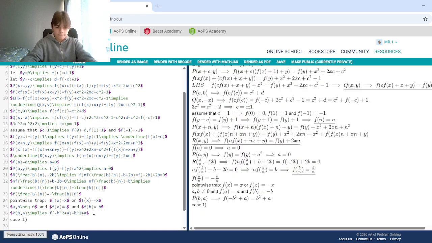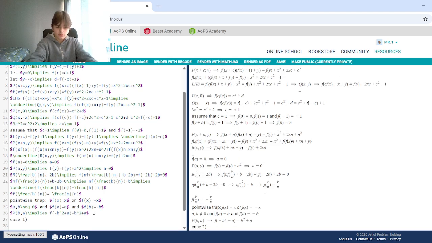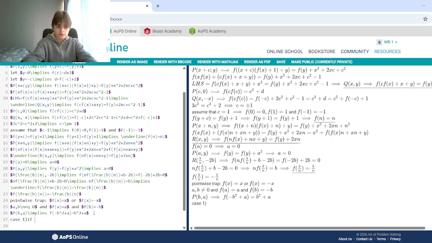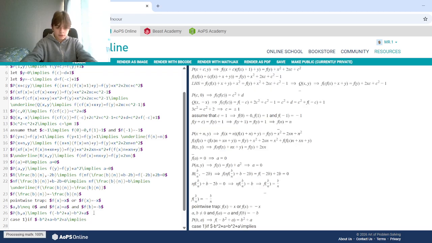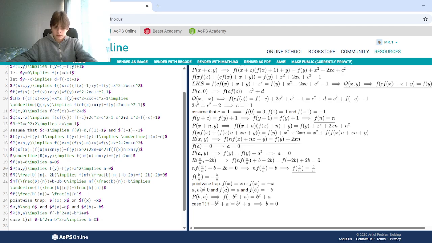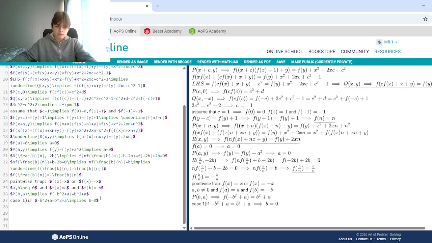Case 1 is if minus b squared plus a is equal to b squared plus a, which implies that b is equal to 0, and this is a contradiction because we said that a and b aren't 0.